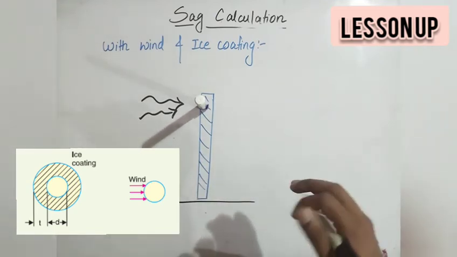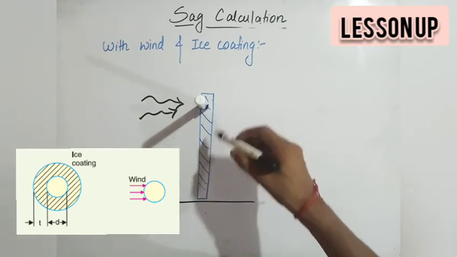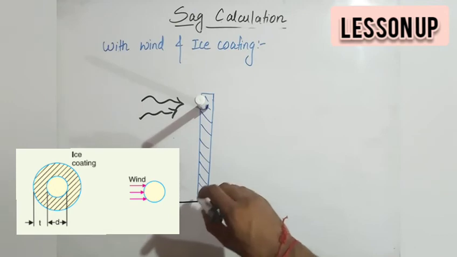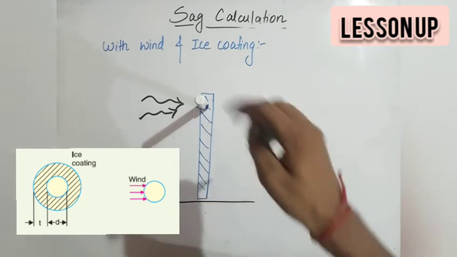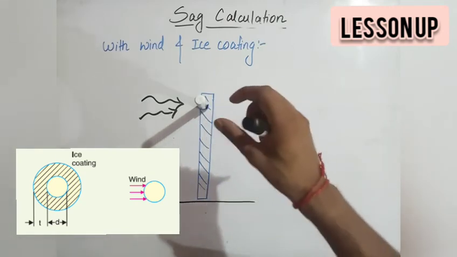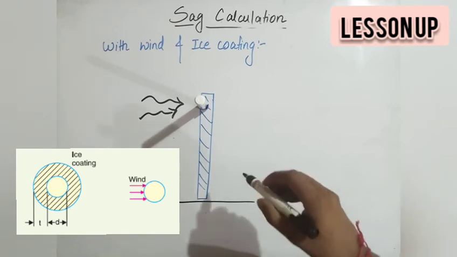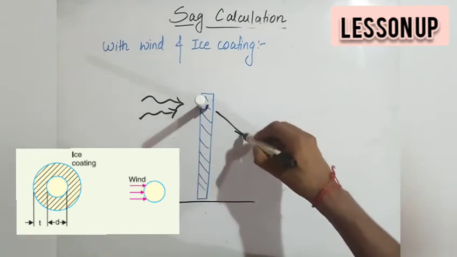So under this condition, the axial position of the conductor is not parallel to earth. Right now it is parallel to earth, but due to this condition, it is shifted by an angle.